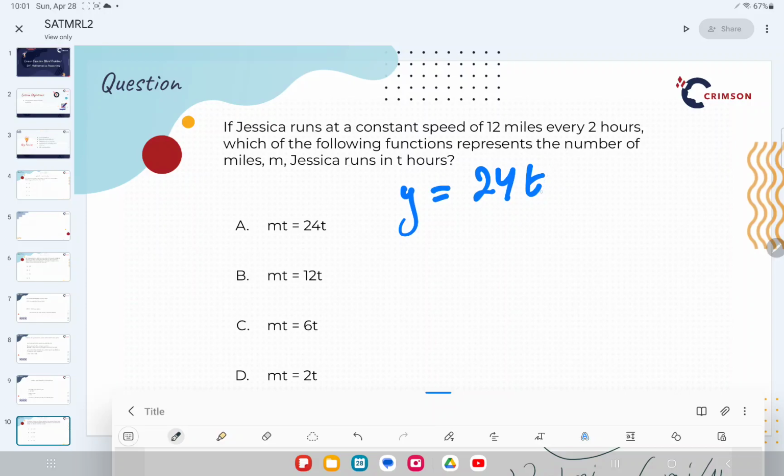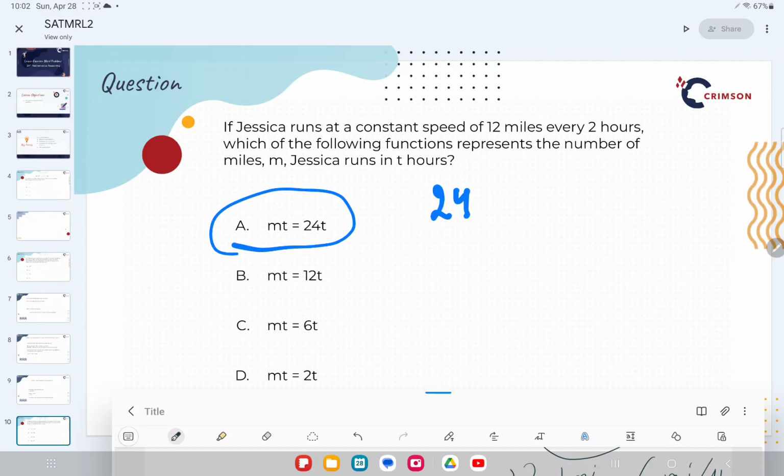If I had 1 hour of running, how many miles would I have run? So this is 24 miles. No, the units don't really work here. I don't know what I'm doing wrong.